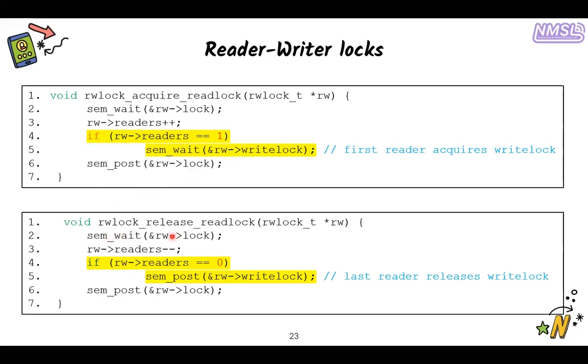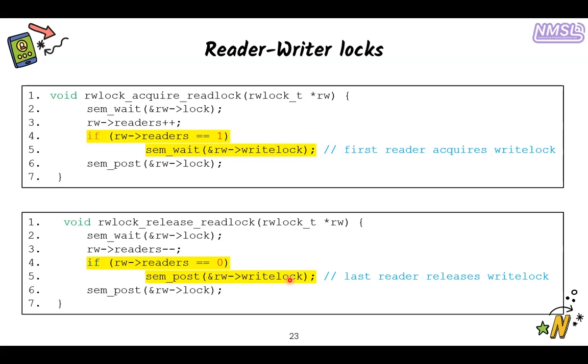In terms of releasing the read lock, I do a semaphore wait of the lock. You decrement the number of readers. Now, if I was the last reader to finish, this if clause shows after the decrement, if the value is 0, meaning now I'm the last one to close the door and leave, then you do a sem post of the write lock so that the writer can go write, right?